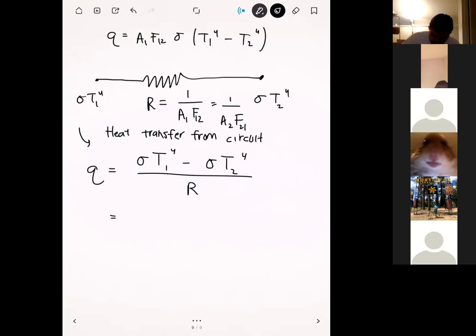If we plug in for the resistance, let me factor out sigma: up top we have sigma times T1 to the fourth minus T2 to the fourth, and the resistance is 1 over A1 F12. Simplifying, we get A1 F12 sigma times T1 to the fourth minus T2 to the fourth.